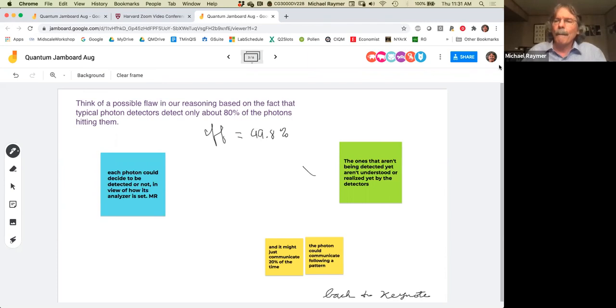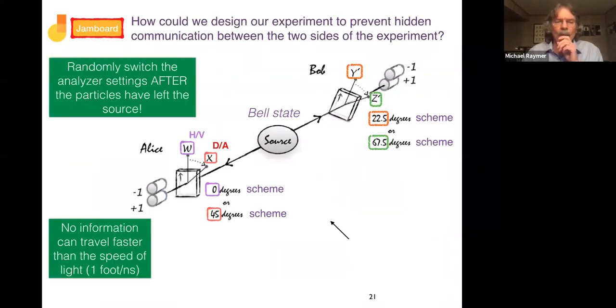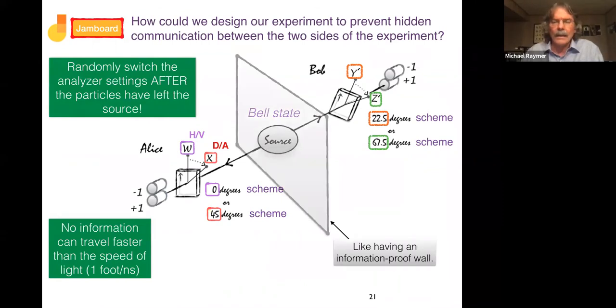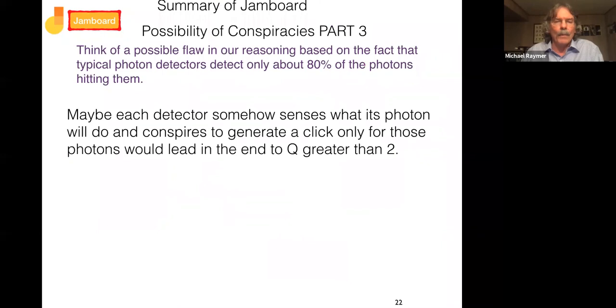Okay, so now I'm going to go back to Keynote, and I'm just going to summarize this one. No information can travel faster than light. And then the detector one: it could be the detector that senses what its photon will do and conspires to generate a click. So it could either be the photon or it could be the detector, or they could conspire together.